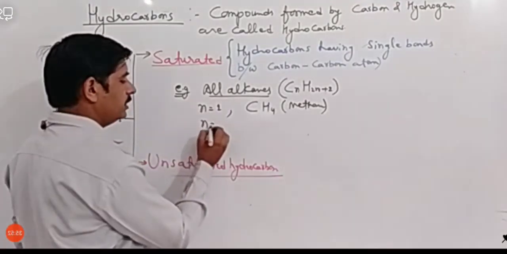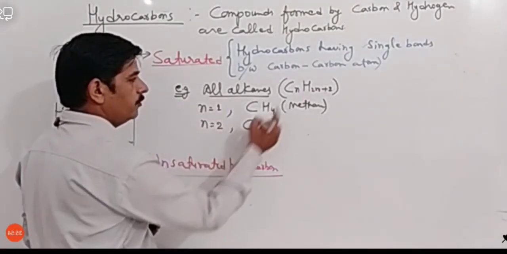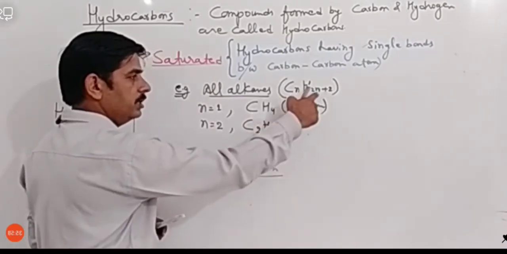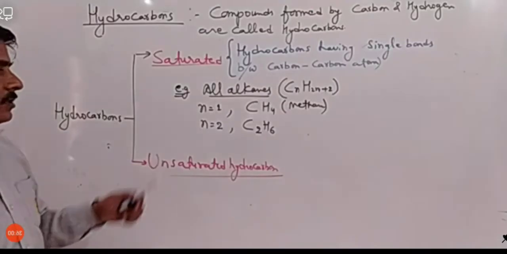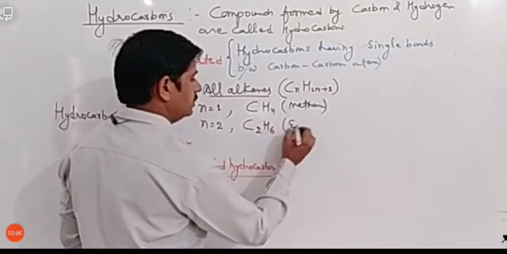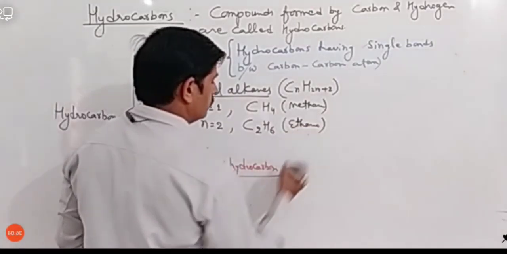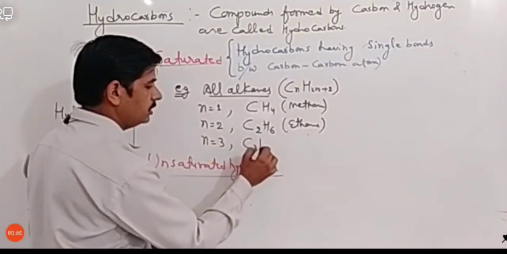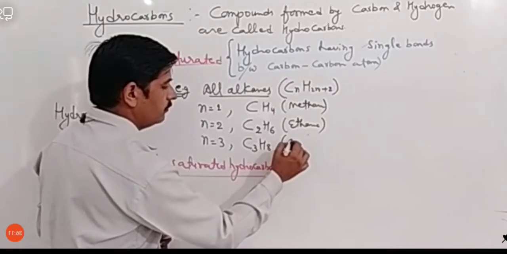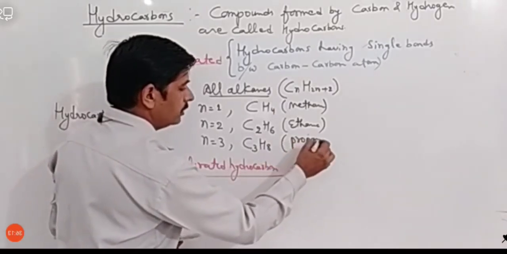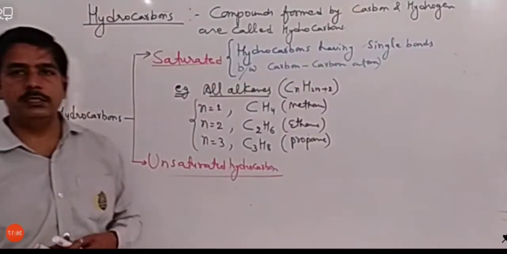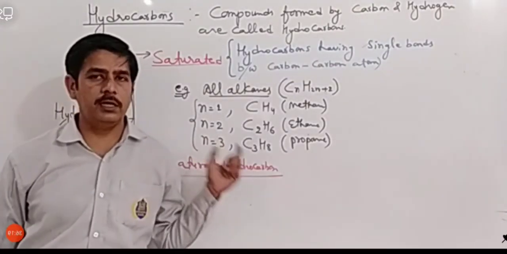Similarly, if I put n equals 2, you will get the formula C2H6, that is ethane. Then if I put n equals 3, it will be C3H8 and it will be propane. So all these compounds are alkanes.